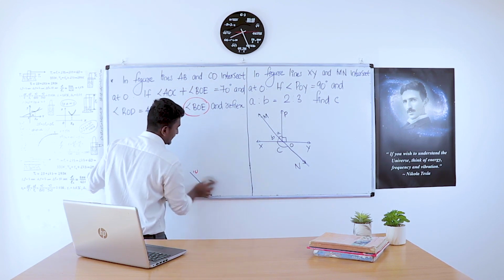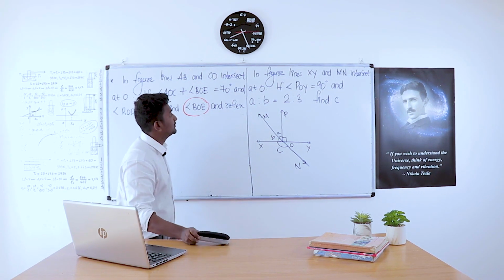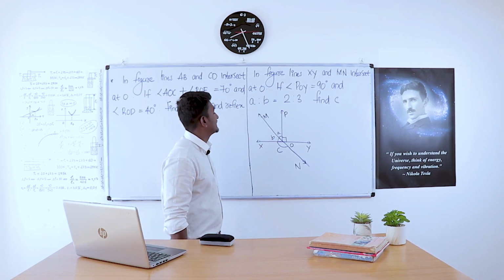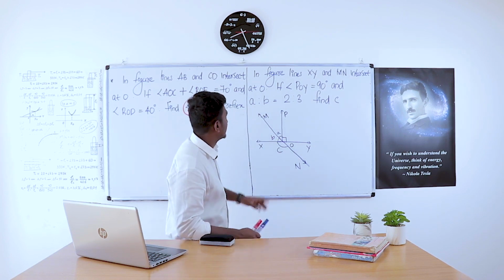The question is that in the figure, lines XY and MN intersect at O. XY and MN are line segments.